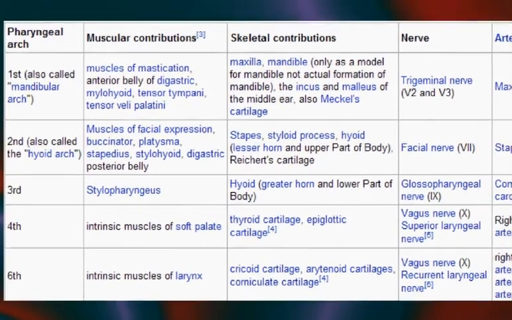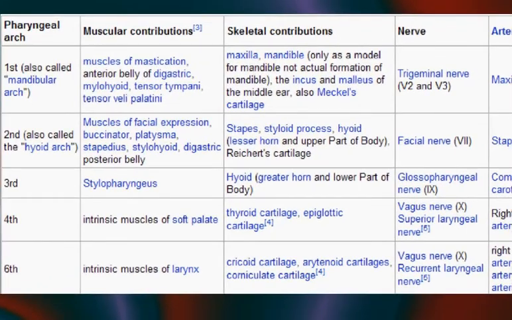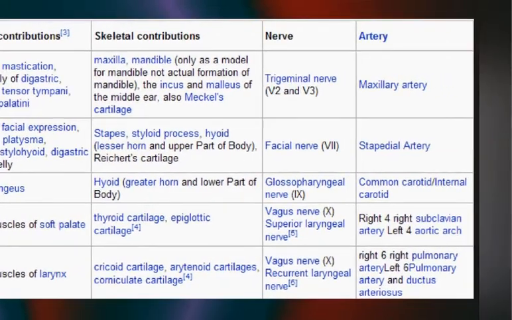Third arch, muscular contributions of the third arch. We have only one muscle, it's called stylopharyngeus. Skeletal contribution, the remainder of the hyoid bone, greater horn, and the lower part of the body. So we see here another example of an embryologically mosaic structure, the hyoid bone.